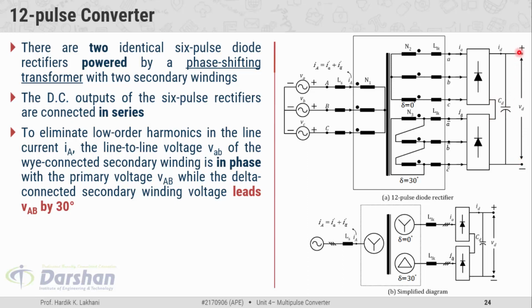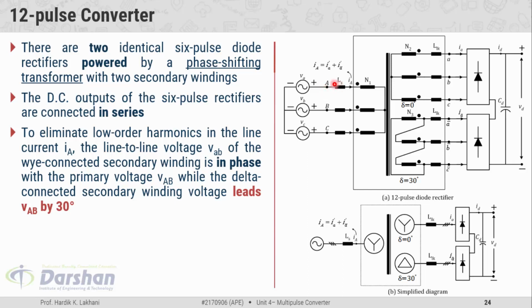To eliminate the lower order harmonics in the line current IA here, which should be sinusoidal in nature, but when we connect the non-linear load, the supply current no longer remains purely sinusoidal. This non-linear load introduces harmonics into the line current.